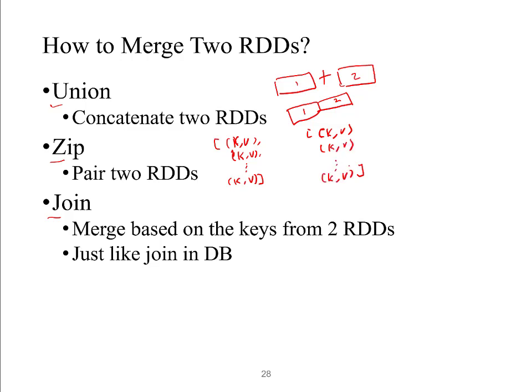By zip, we use the elements in RDD1 as key, and the elements in RDD2 as value.